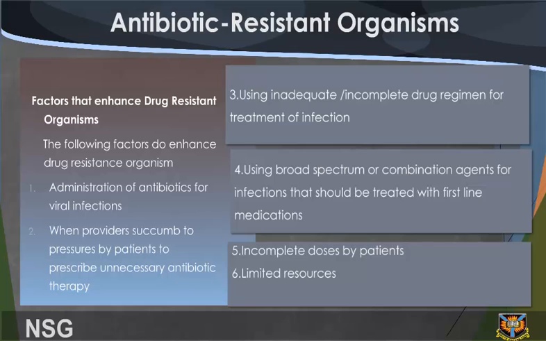Three, using inadequate or incomplete drug regimen for treatment of infection. Four, using broad-spectrum or combination agents for infections that should be treated with first-line medications. Five, incomplete doses by patients. Six, limited resources.